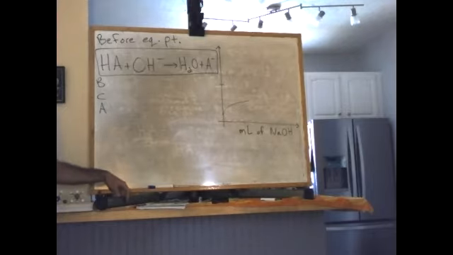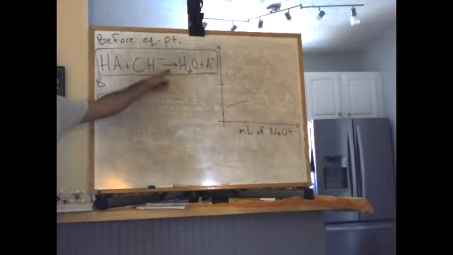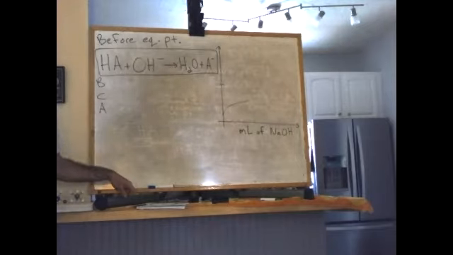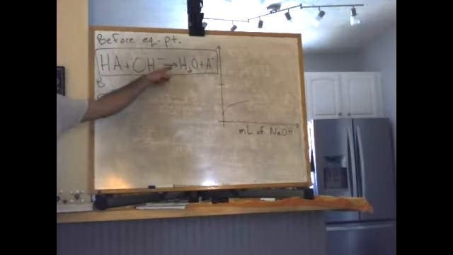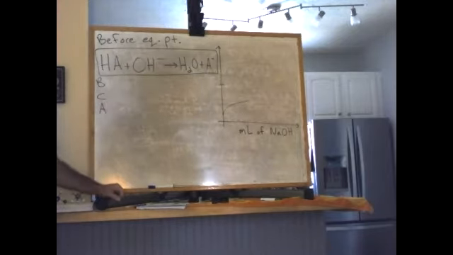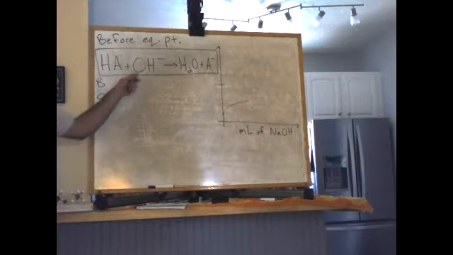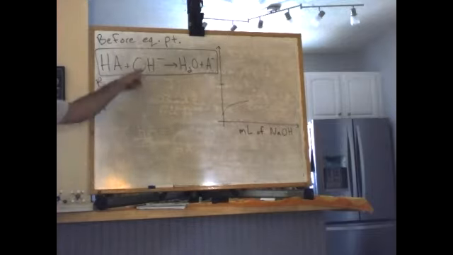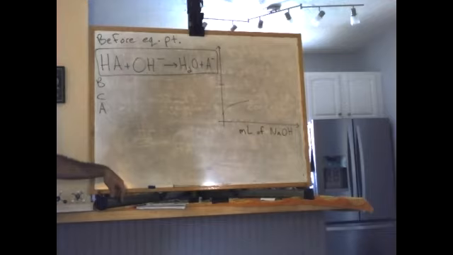Remember, in an equilibrium problem, we don't know how much reacts. That's what the Kc, the equilibrium constant, will tell us. In this reaction, we know how much reacts, 100% of the limiting reactant. So if we want to figure out what we have at various points along this reaction, we need to know how many moles of each of these things we have.